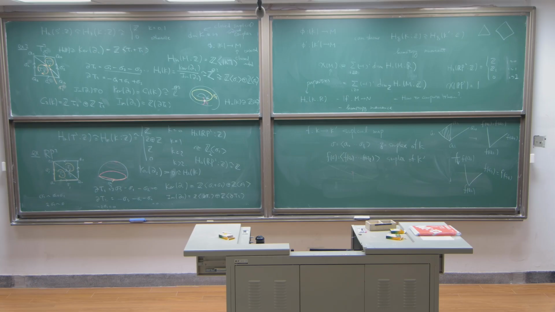Can we find an example that is not the zero vector space but also has dimension equal to 0? This is an example, like Z sub n or something like that.